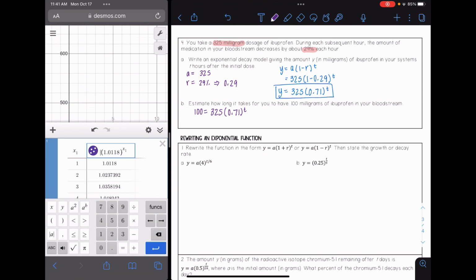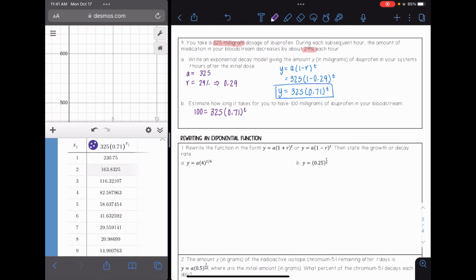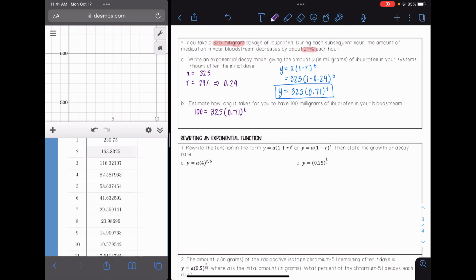So I have 325 times 0.71, and I see that it's going to take probably somewhere around 3.5 hours to have 100 milligrams. Since 100 is somewhere between 3 and 4.